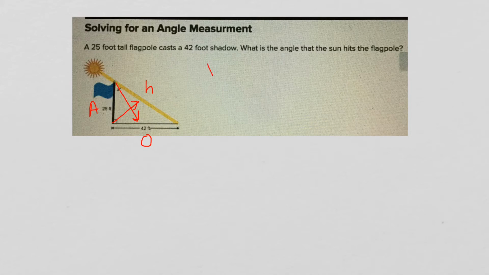So we're given the angle X, so we're going to put the degree to remind us that it's our angle. And we also have a value on the O side, and we have a value on the A side. So that means we're going to be using tangent. So the tangent of the X angle is equal to, the O value is 42, the A value is 25. Okay?